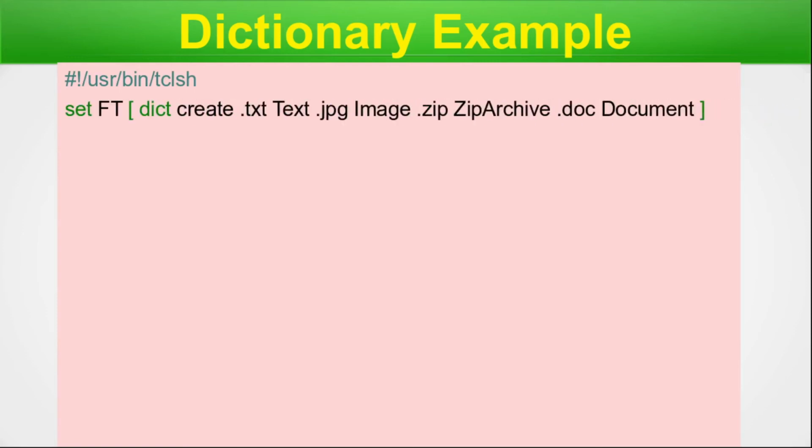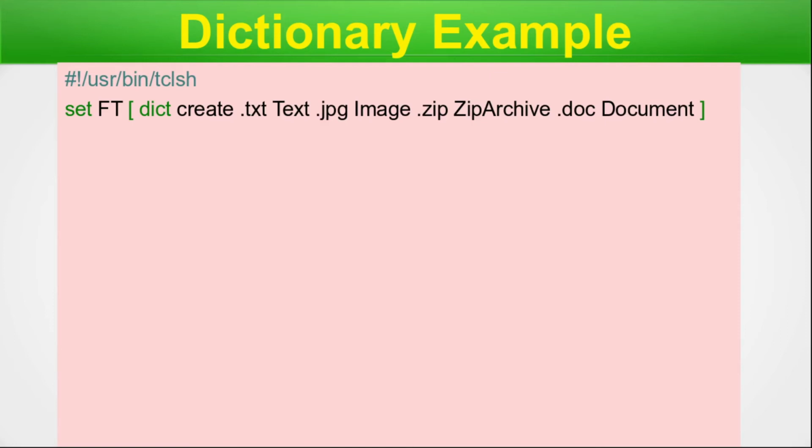Here this is how we create a dictionary. At first we use the keyword set, then the dictionary name is ft, and within square brackets we are using the dict procedure and the create command. So dict create, to create the dictionary. Here we are using key value pairs of different types of file extensions and their type or name.